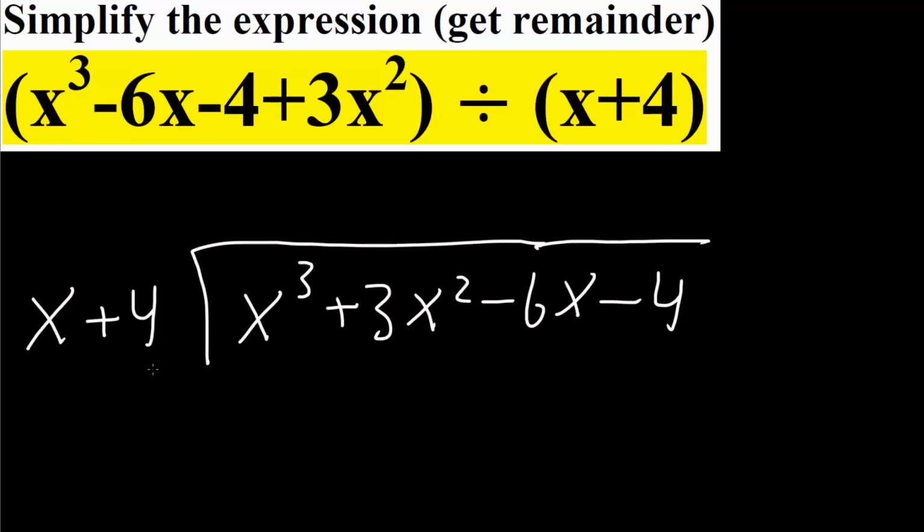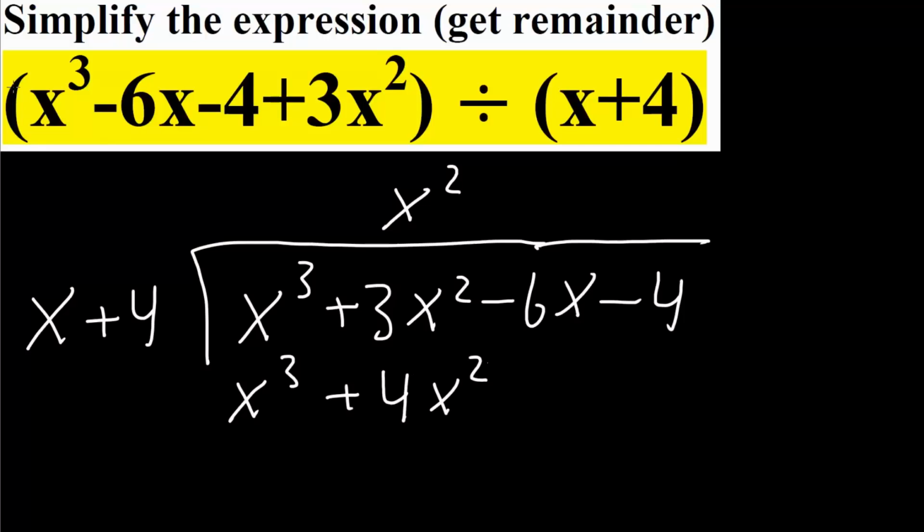So we first ask ourselves, how many times does x plus 4 go into x cubed? Where we mainly focus on the x. So x squared times x would be x cubed. So we write x squared. X squared times this would be x cubed plus 4x squared.